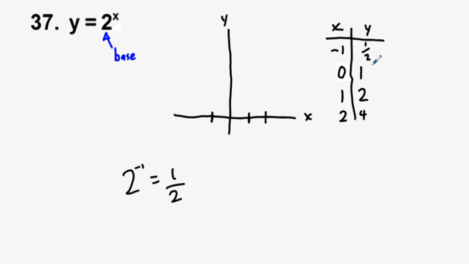So we see the function is going to be doubling in value with every successive unit. So the function is like this: 1/2, 1; 1, 2; and 2, 4. So this is what our function looks like.